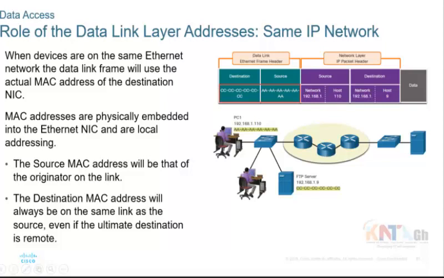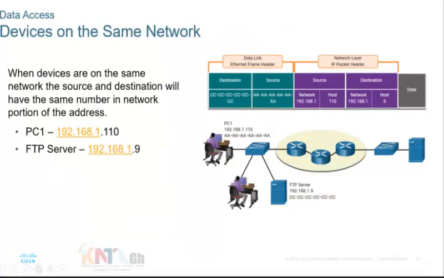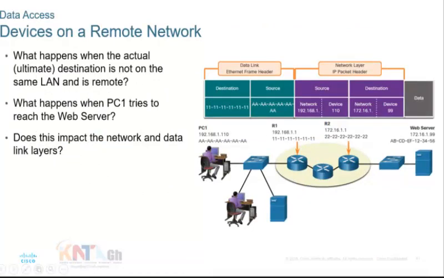But when PC1 wants to reach the server, it means that it is going out of this network into another network. That means that if PC1 tries to reach the web server, then it will have to go through this layer 3, and the addressing must be well defined.